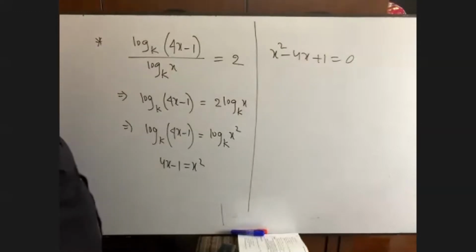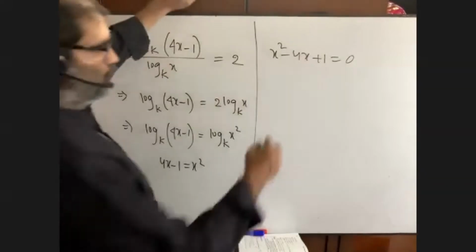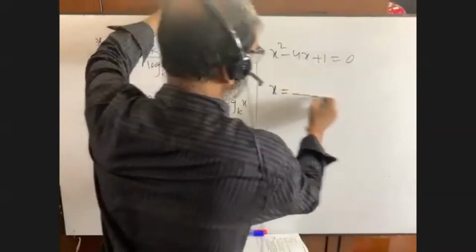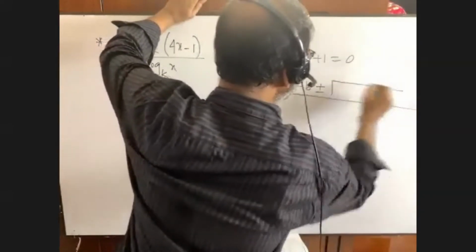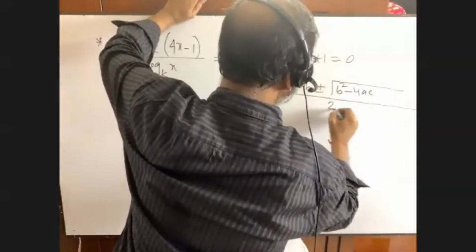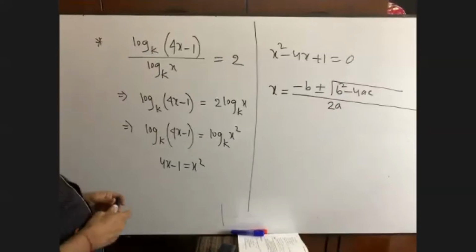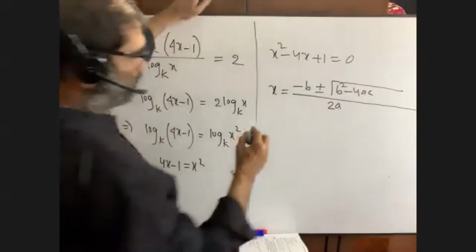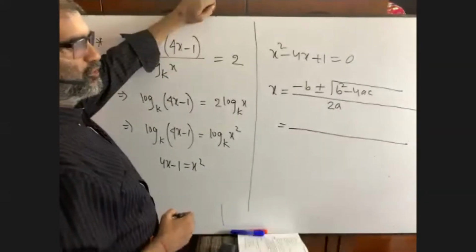Is it okay? Now, what is the value of x? x equals to what? What is the formula? Minus b plus minus root over b square minus 4ac by 2a. Now, please put the value. Here b equals to what? b equals to minus 4.